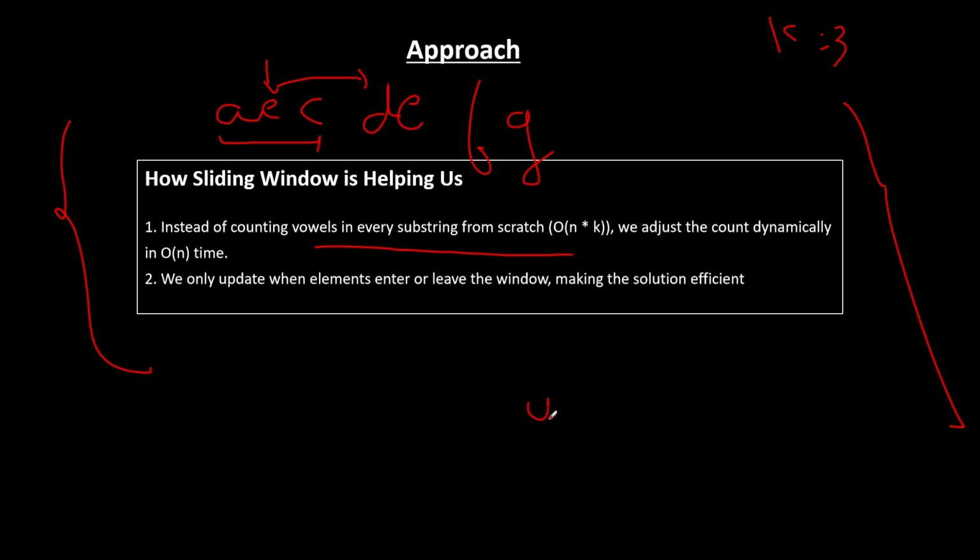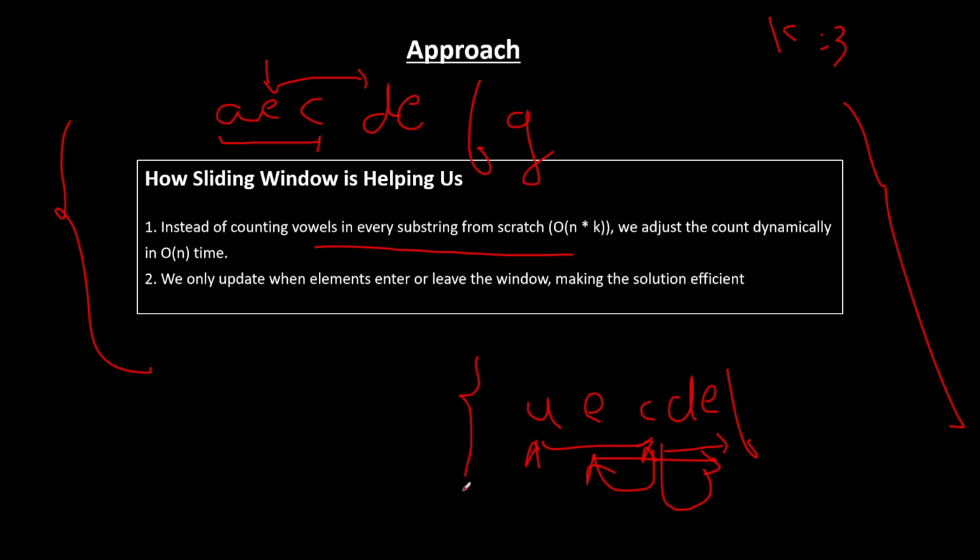Assume it to be a person who first stands here and runs till C. He calculates the vowels. Again, that person runs back to E, resets the count, and runs till D. And again, that person runs from D, comes to C, and runs till E. So the person is going again and again and coming back again and again.